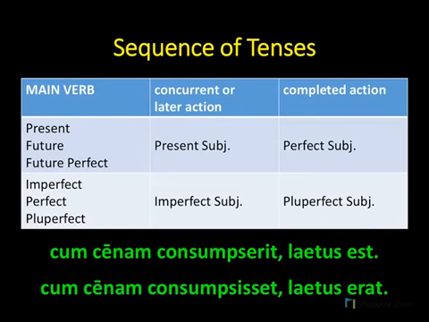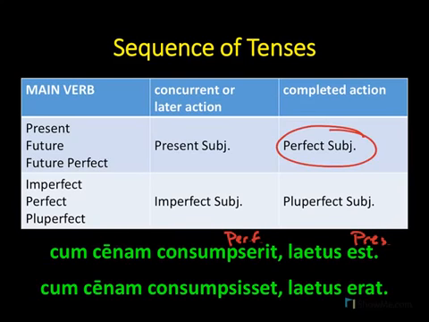Cum caenam consumpserit, laetus est. Here we have that present indicative in est, and consumpserit as a perfect subjunctive. And so that puts us into this box here.